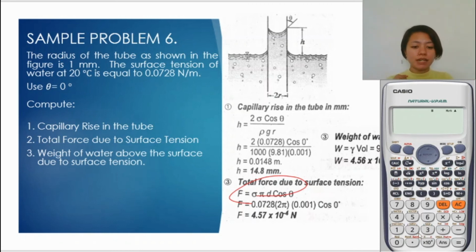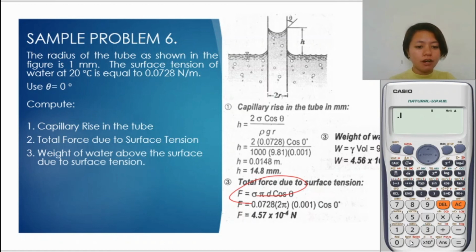Pi d is the area of the tube surface that interacts for your capillarity action. Then cos theta is for your wetting angle. It is 0 again since it is water.